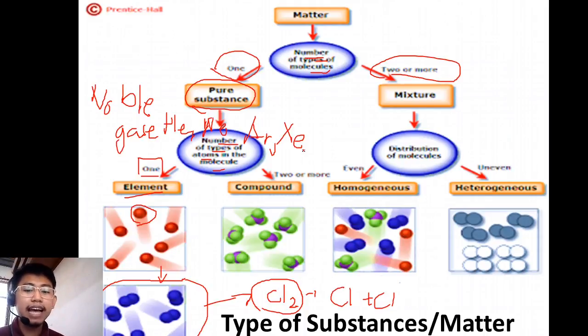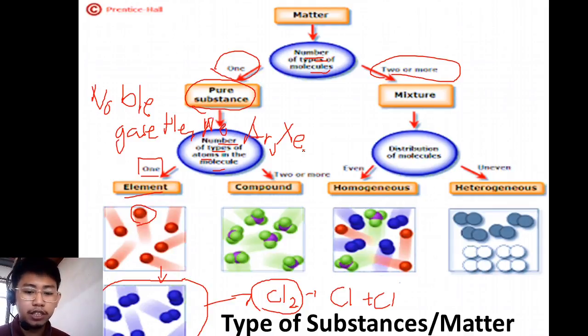Those are the noble gases, and they can actually live alone because they have the complete set of valence electrons. They are already very stable. So when you say noble, it only means they are stable enough. It's like they are independent enough. Okay? So let's go to the next one.